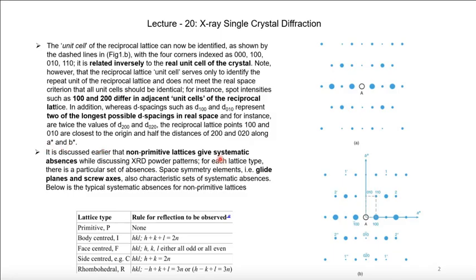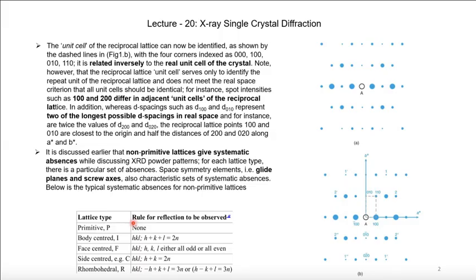Well, we have been saying not only how to find out the unit cell, but also how to find out the symmetries it consists of. So for lattice type, there are certain rules for which reflections are observed and which are not. In a primitive lattice, we know that no restriction is there.